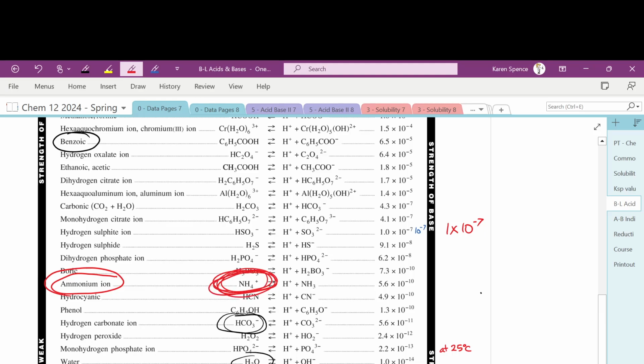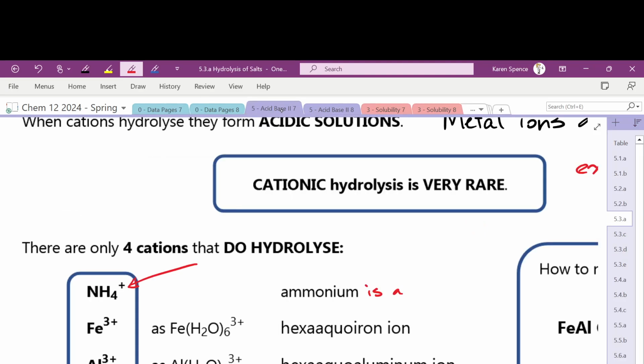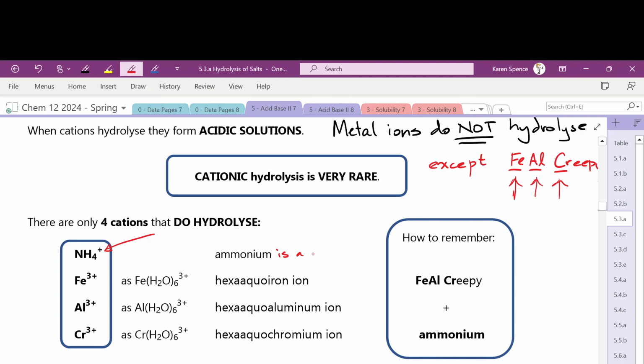And what is it if it is in that section of the table? It's a weak acid. So can it react with water? Yes. Okay. So ammonium is a weak acid. Now, feel creepy plus ammonium are the positive ions that will hydrolyze.